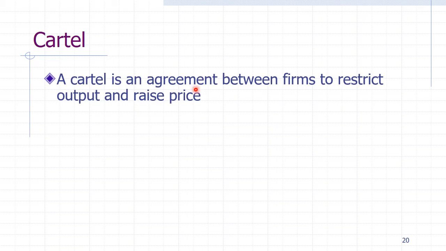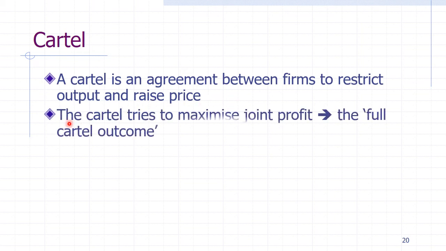They discuss with each other and try to reduce their total combined output, and definitely according to demand and supply theory, when the supply is lower, price goes up. So by restricting the output, they will raise their price levels. The cartel tries to maximize joint profit finally. Their final objective of working in a cartel is to maximize their joint profit.